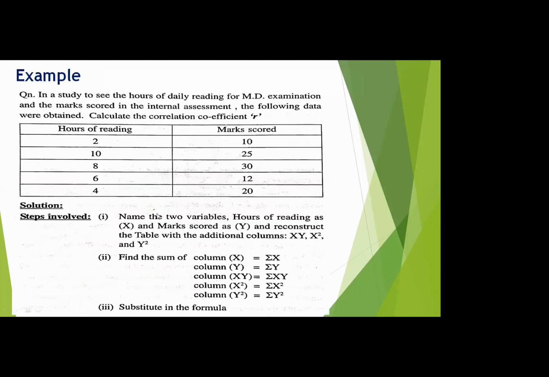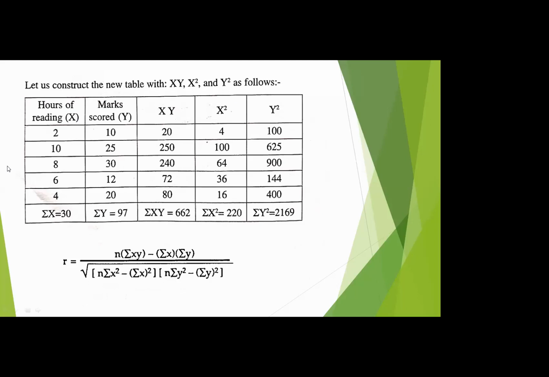So for this table, we need to add a few more columns. We call hours of reading as x and marks scored as y, and then we obtain another column which is xy, and another is x square and y square.